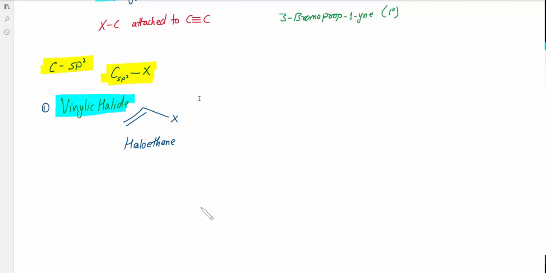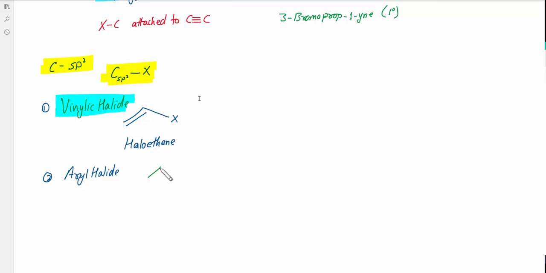And the second category in this is called aryl halides, which we have already seen, that is the carbon carbon double bond will be part of an aryl or benzene or its derivative.